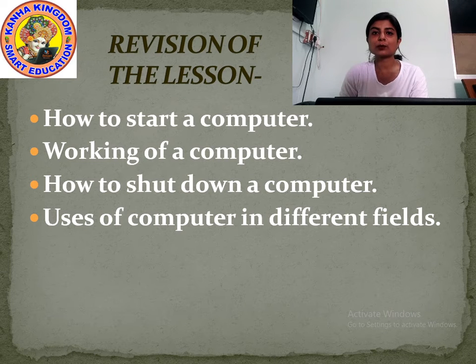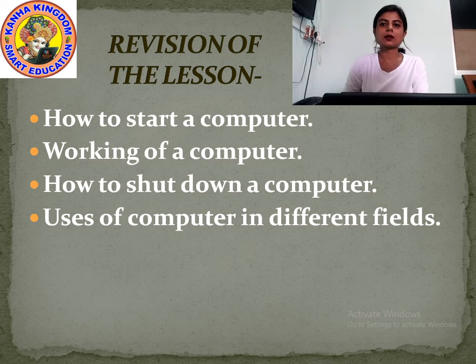After that, you will wait until the screen turns black. And after that, what will you do? You will switch off the main power button. Okay. First, you will click on the start button. Then you will find an option that is shutdown.